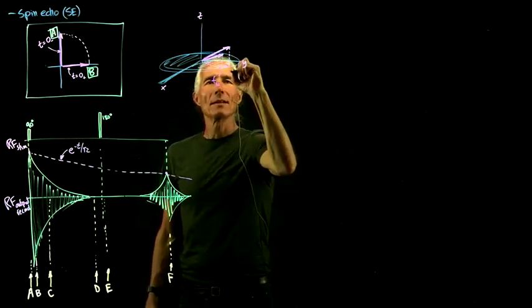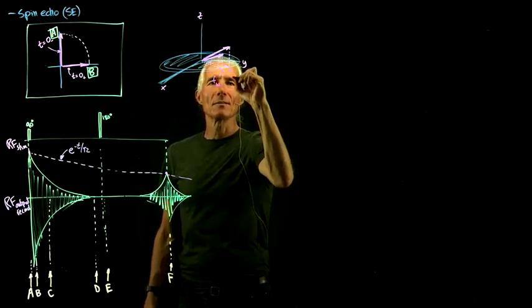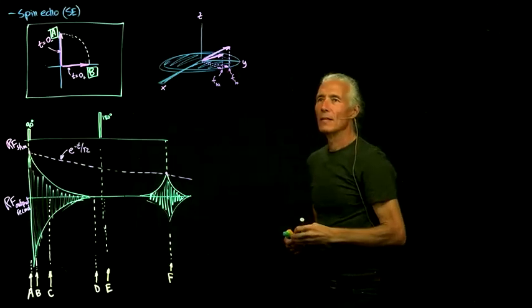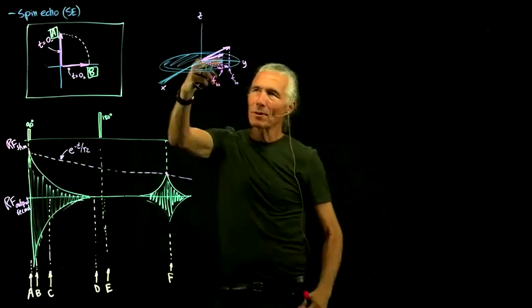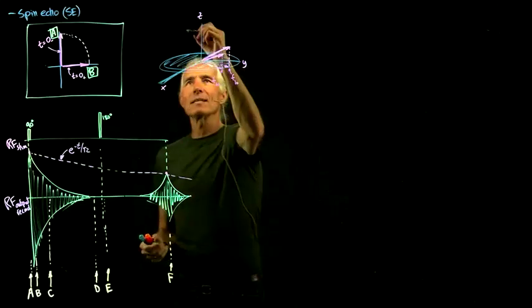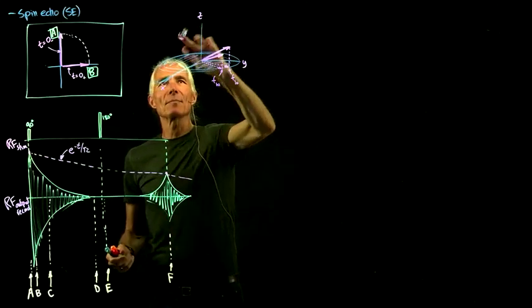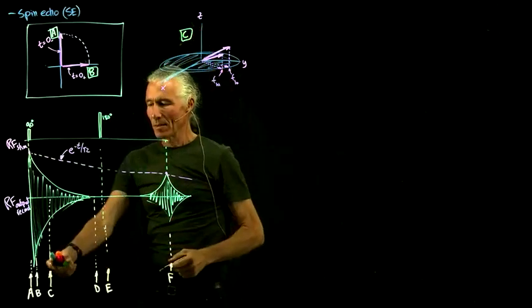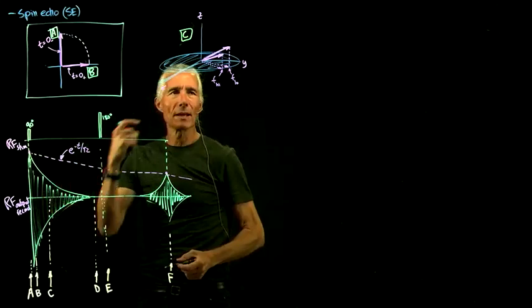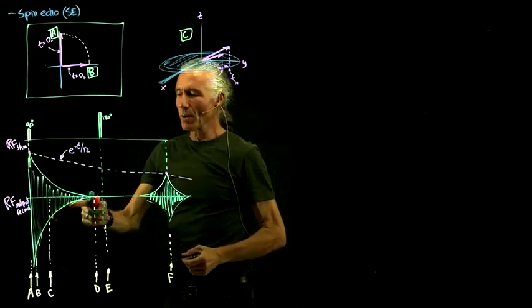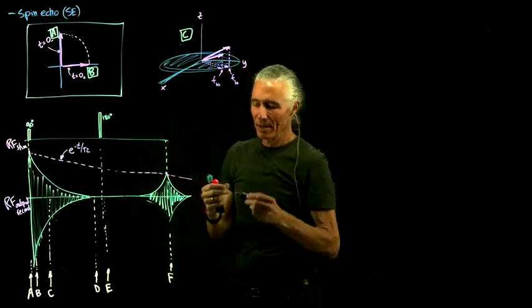So they're basically getting out of sync with each other, while at the same time sort of going back to the z-axis. So that's basically point C. That's what's happening at point C. So at point C, the signal's starting to go away, but one of the things that's causing it to go away is the fact that these guys are getting out of sync with each other.